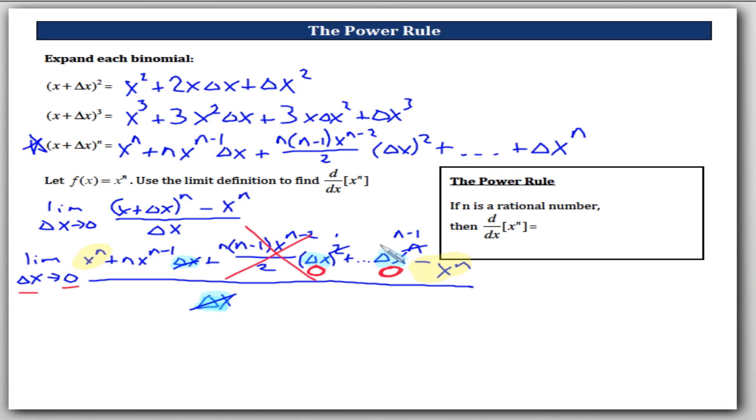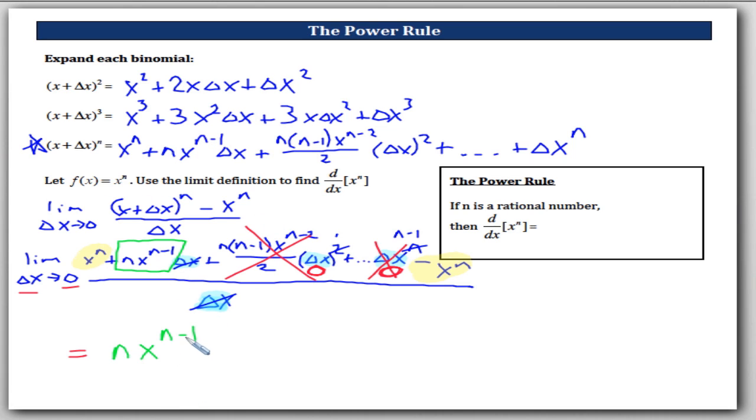And this, if it turns into 0, is also gone. So when all the smoke clears, what's the only thing left? Looks like it's going to be right here. And so overall we get n times x to the n minus 1.